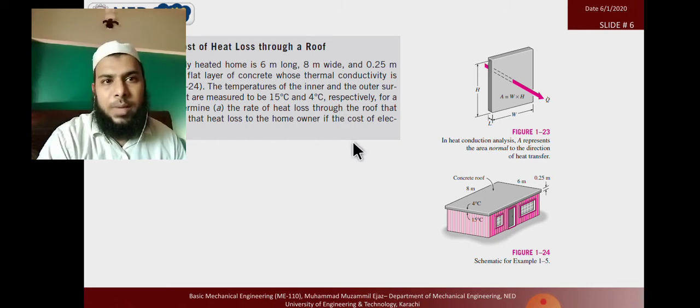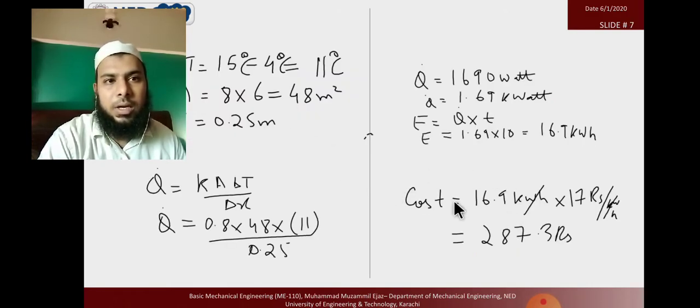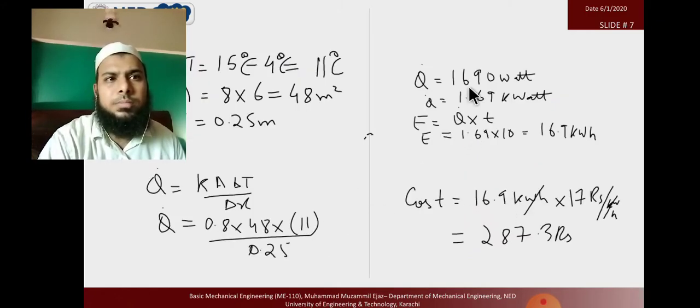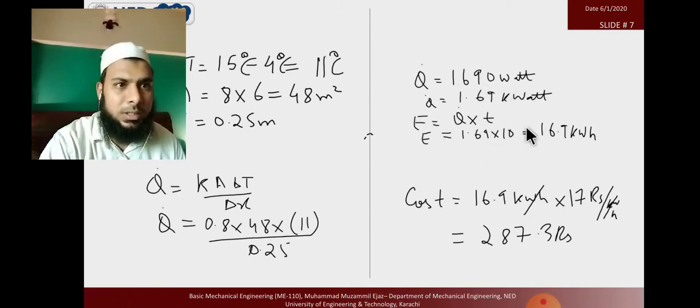Anyway, we also did the numerical. We calculated the heat loss in a home during the winter season. The internal temperature of the house is maintained by an electrical resistance heater at 15 degrees centigrade, but the outer temperature is 4 degrees, so it loses heat. The heat lost by conduction through this concrete roof is around 169 watt, and the energy corresponding to this is 16.9 kilowatt hour, which is a unit.